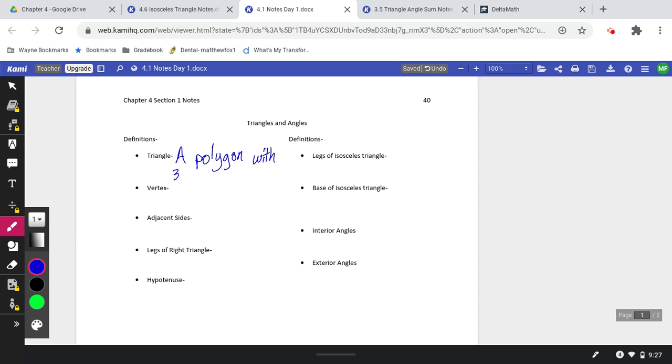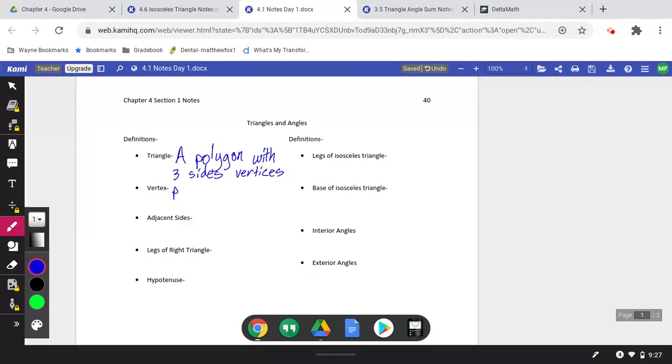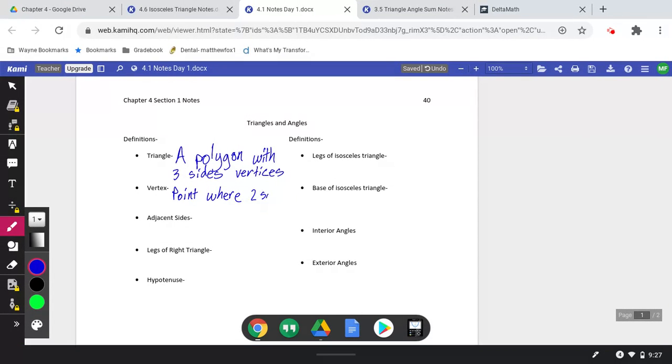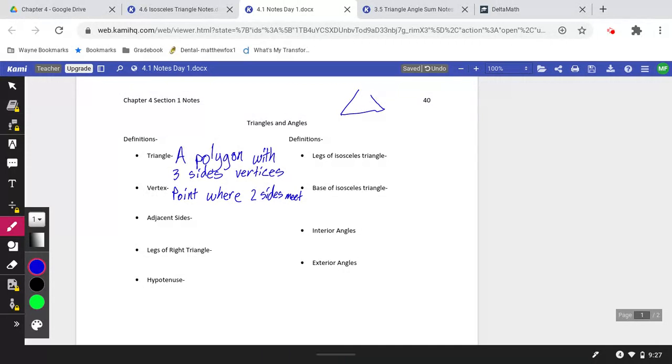Now, vertices is the plural of vertex, this next word. A vertex is basically the point where two sides meet. So if I draw a triangle up here, actually, let me draw a better triangle than that.